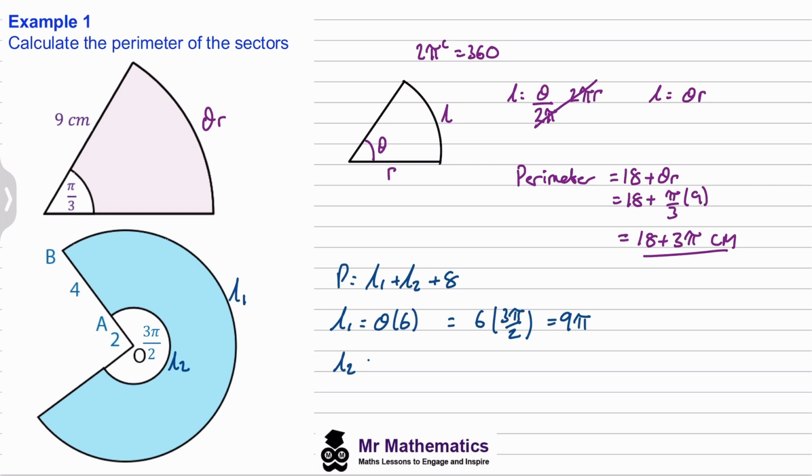And L2, this will be the same angle, multiplied by the smaller radius of 2 units. So 2 multiplied by 3 pi over 2. You can see that these 2's will cancel and we'll just get 3 pi. So the perimeter of this blue shape will be the 8 plus the 9 pi plus 3 pi, 8 plus 12 pi units.